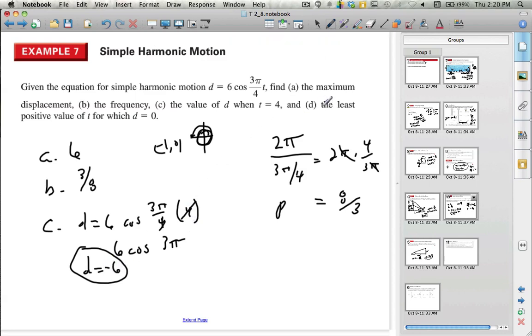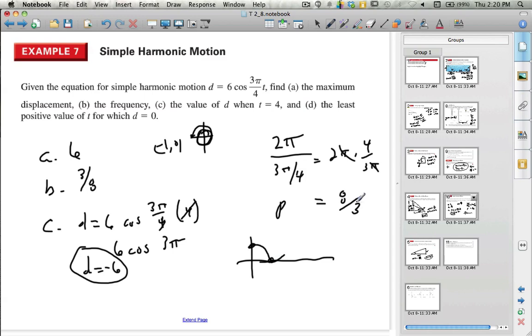Okay, and the least positive value of t for which d is equal to 0, well, it's cosine, right? So I know with cosine, it starts up here. They want a positive value, but the first quarter of the period it goes down. That's where it's going to hit 0.